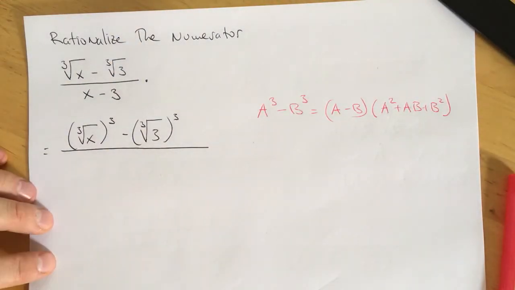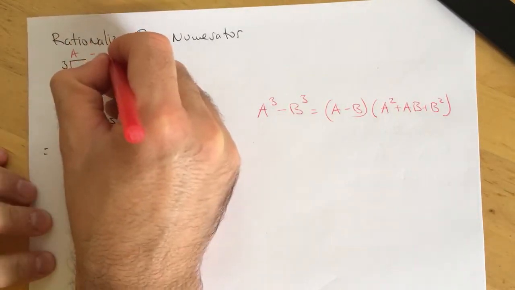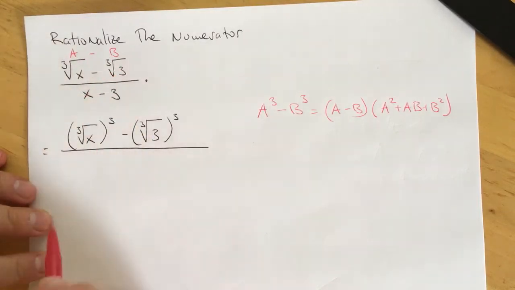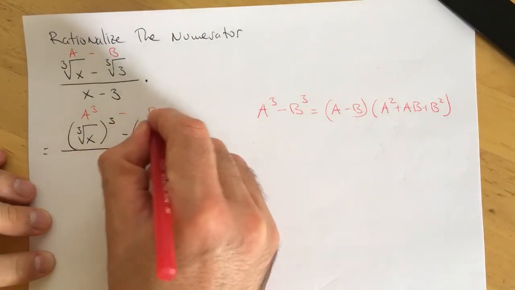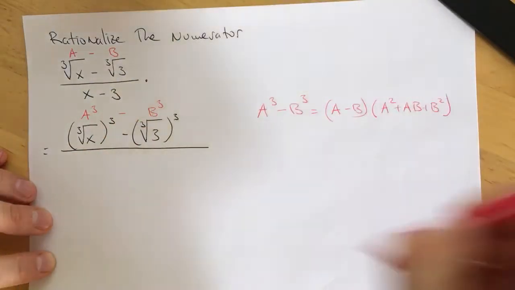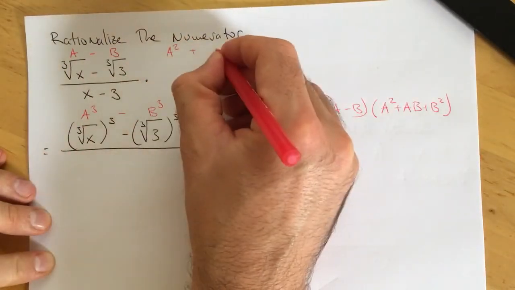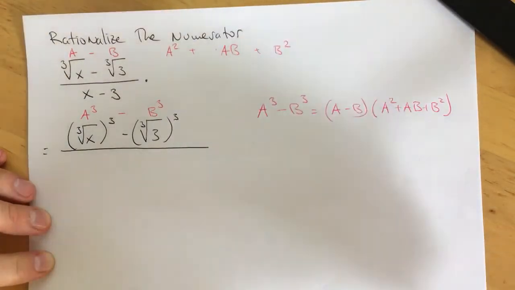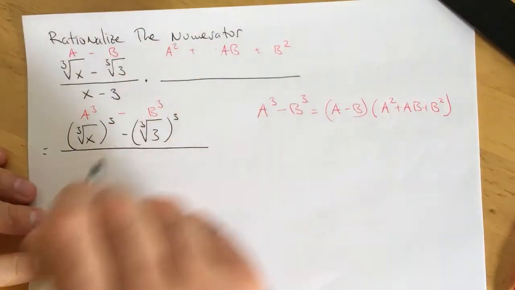So in this case, this is our a minus b, right? A is cubed root of x, b is cubed root of 3. And in order to get to a cubed minus b cubed, I need to multiply the numerator by a squared plus ab plus b squared. Of course, numerator and denominator, top and bottom, right?